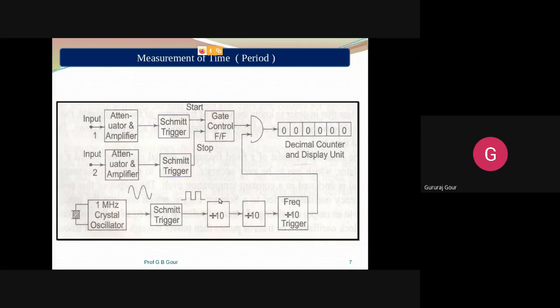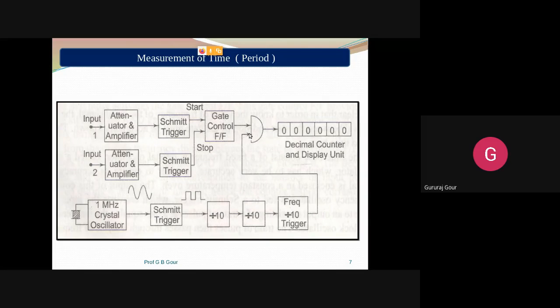So you are going to divide 1 megahertz by 10, again a second time by 10, and a third time by 10. So what are you getting? 1 megahertz, that is 10 to the power 6, divided by 10 to the power 3, means 10 to the power 3 hertz you are telling the DTM to measure.